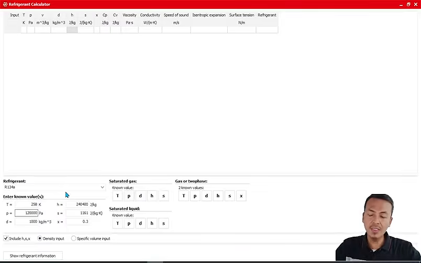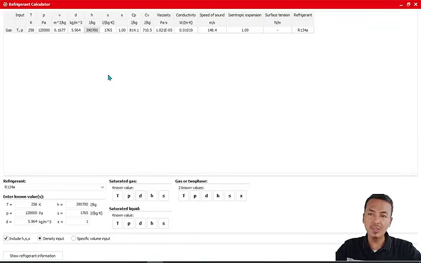You only need to input 2 known values here. Just neglect the required density value, or maybe you can also delete it. Then you click the known values of temperature and pressure. Then you get the enthalpy here: 390.7 kilojoule per kilogram.